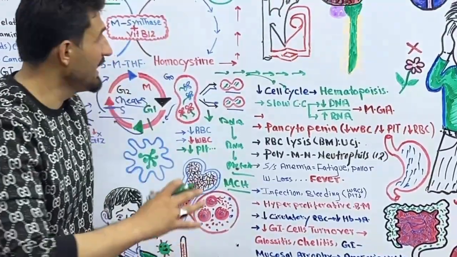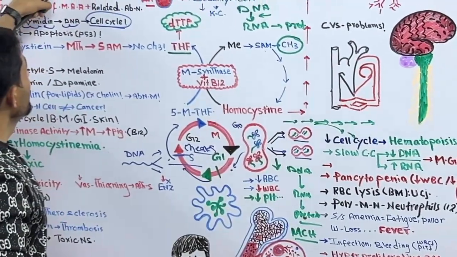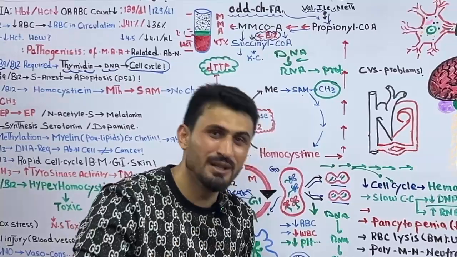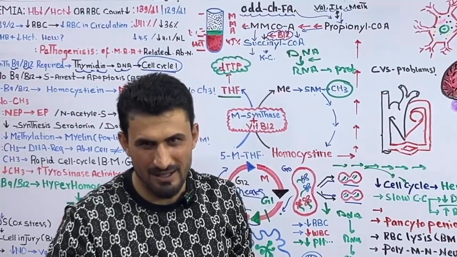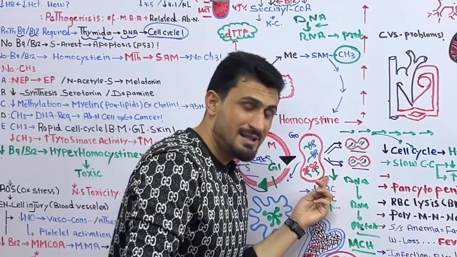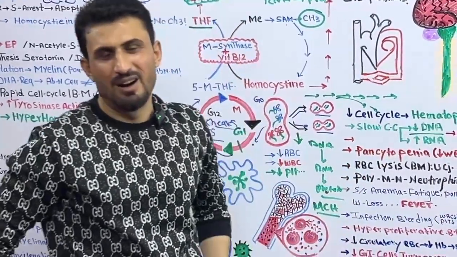So in the net result, hematocrit level and RBC counts drop below the normal, plus hemoglobin also drops below the normal, and this is not due to abnormal synthesis of hemoglobin. This is due to less production of RBCs.